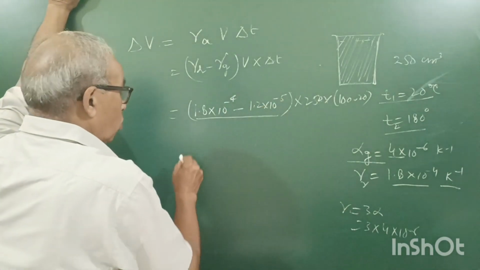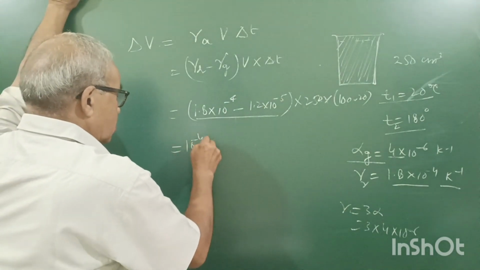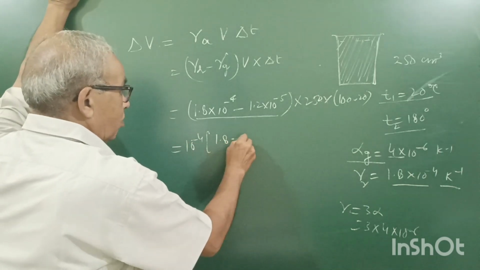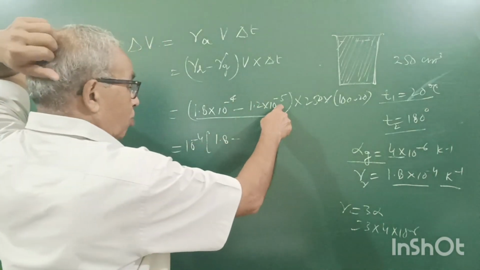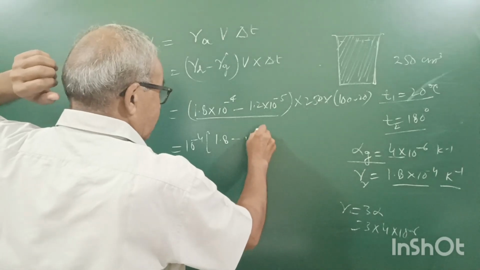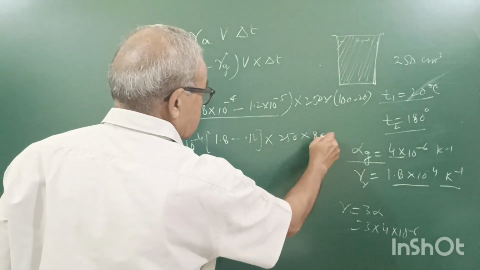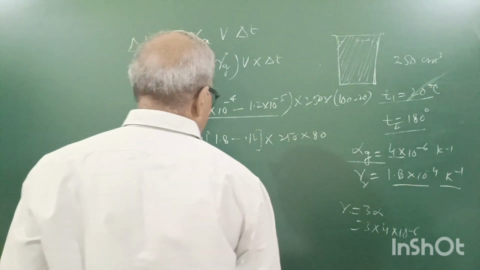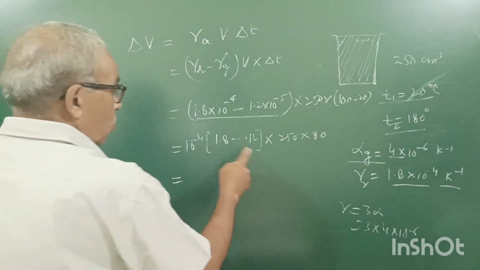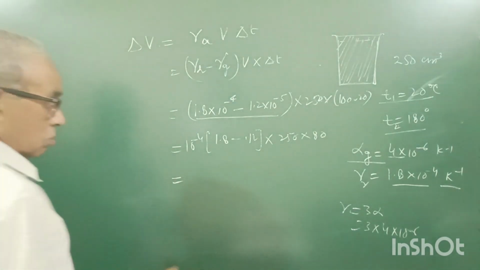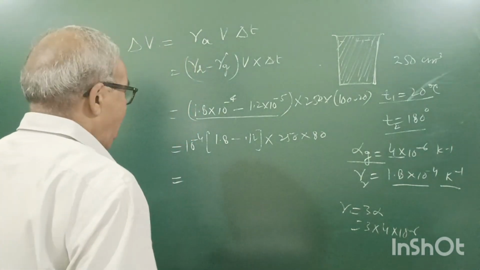If I take the 10⁻⁴ power out first, this 1.8 and the 10⁻⁵ becomes 0.12. Then 250 into 80. This calculation will now become very simple. 1.8 minus 0.12.